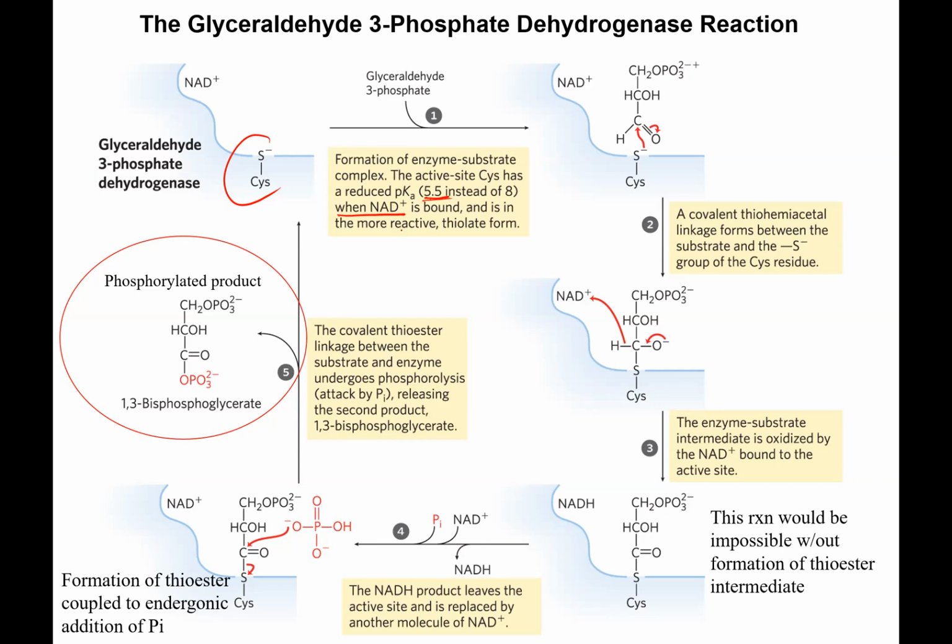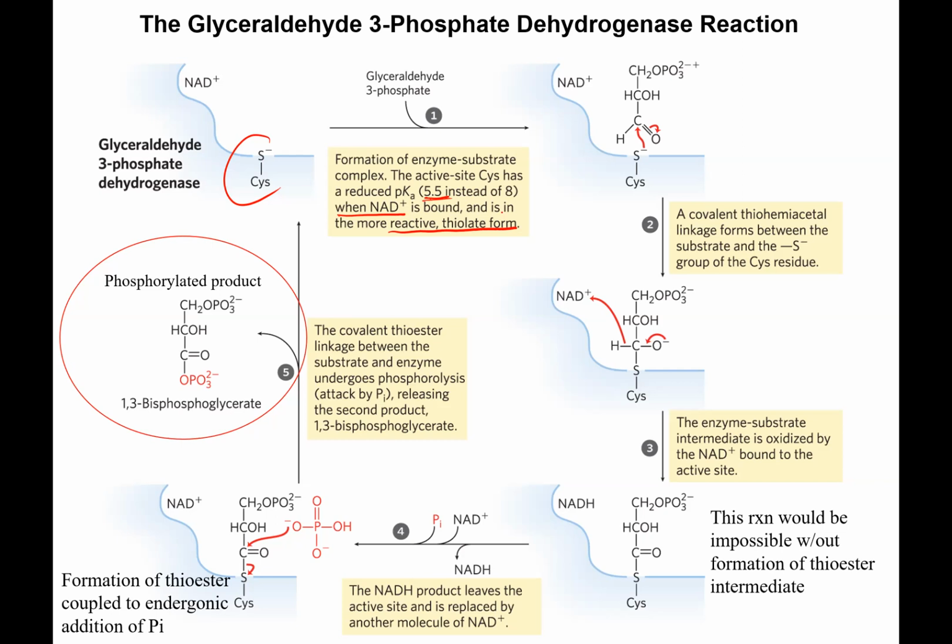So this is, of course, a more reactive form. It has this negative charge. It's in its thiolate form, and it is going to be very reactive towards the carbonyl group on G3P.